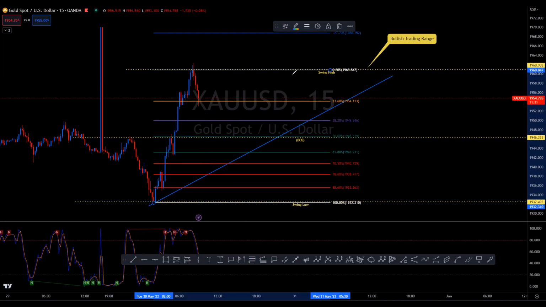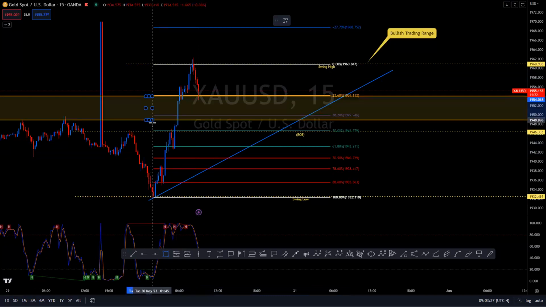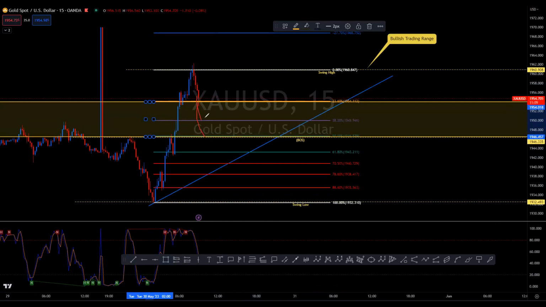So what I'm going to do in this situation is take the rectangle tool, and I'm looking for price to at least maybe come down to this area. It already rejected the 61.80, so it could do a hard pullback to the 50% or down to this level and push out. That's what I'm kind of looking at.